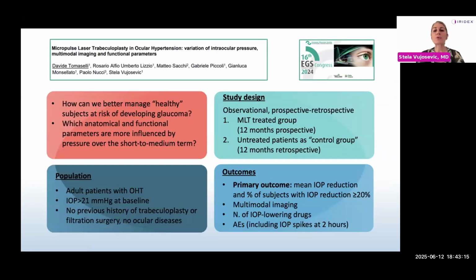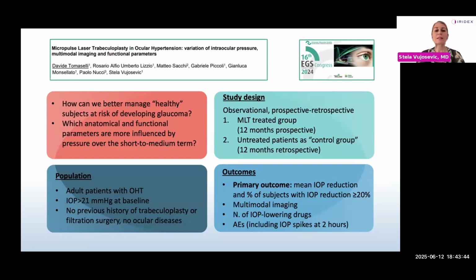Now I want to show you some data from our study that was presented at the EGS Congress in 2024, where we evaluated MLT trabeculoplasty in ocular hypertension. We evaluated the changes in intraocular pressure and also the multimodal imaging of the retina and the functional parameters.